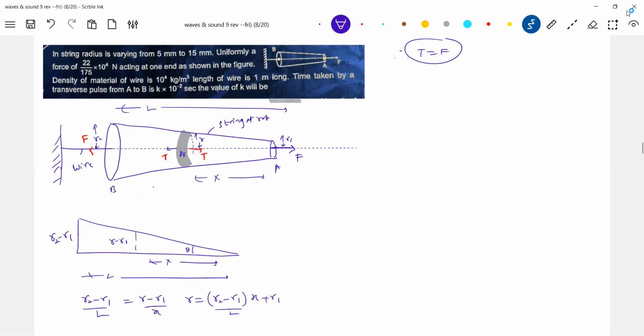Now, what is the speed of the wave? Root of T by mu. Mu you can write as rho into S. V is further dx by dt. T is what? F. Rho, and S is pi r square. Substitute the value of r, then go for integration. dx by dt.